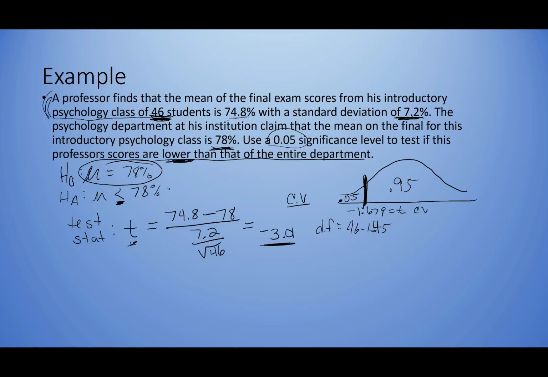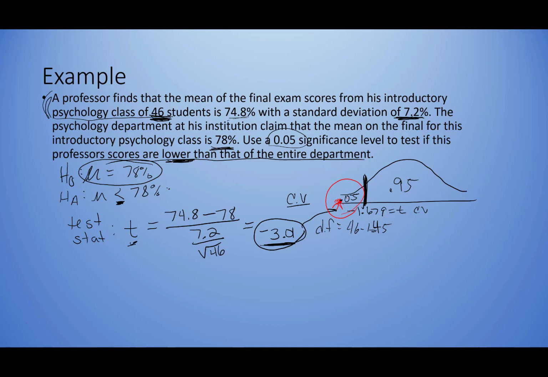Okay, so that's my critical t-score there. Now what we can do is we can compare our test statistic to our critical value. So if I plot where my critical value would land with regards to my test statistic, negative 3 is going to be down here to the left of my critical value. And now notice my test statistic falls in my rejection region.